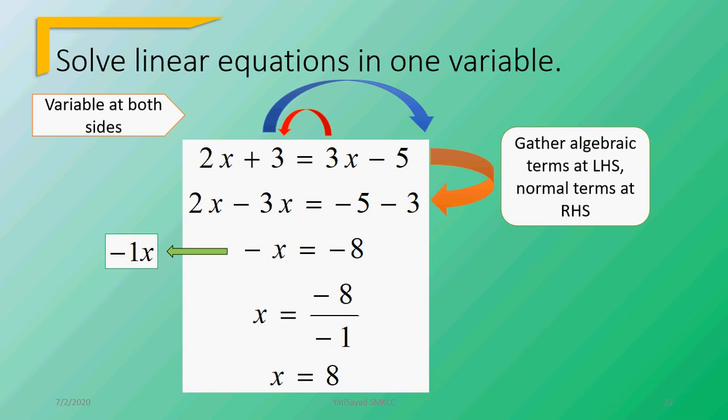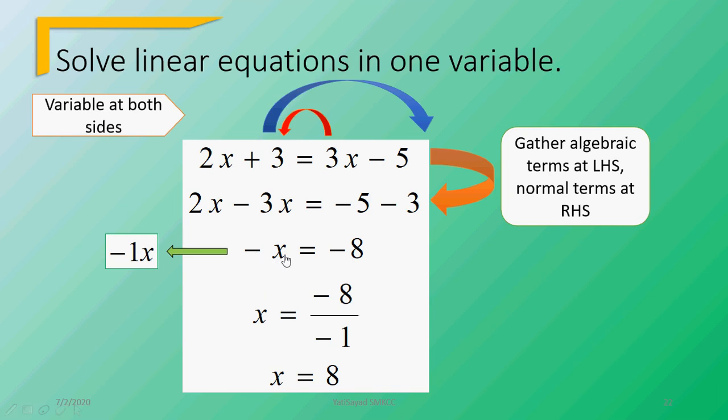Since it is a negative 1, the digit 1 you don't have to write down. You simply write x as negative x. And for the right hand side, you have negative 5 minus 3, which you write as negative 8. So you will have negative x equals negative 8.